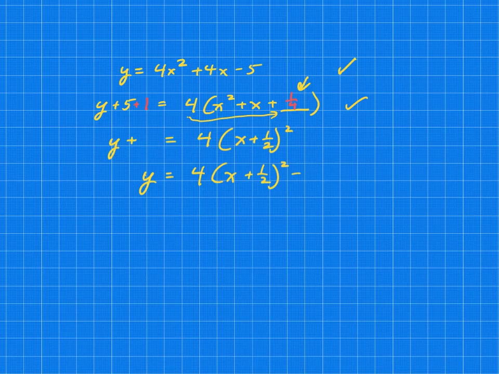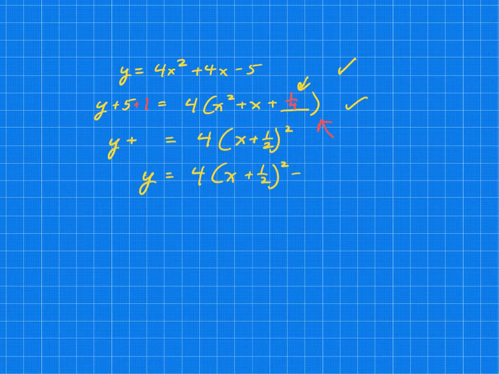So that's the next step. I'm going to collapse the perfect square on that second line, and I rewrite it as x plus 1/2 squared with the 4 on the outside.